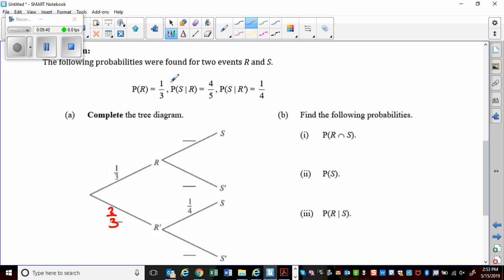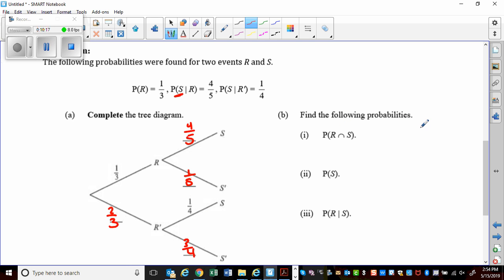The probability of S given R is 4 over 5, so the probability of S, given that R happened, is 4 over 5. That means this one has to be 1 over 5, because they have to equal 1. If the probability of S given not R is 1/4, then this one has to be equal to 3/4. Now we can probably fill these in.